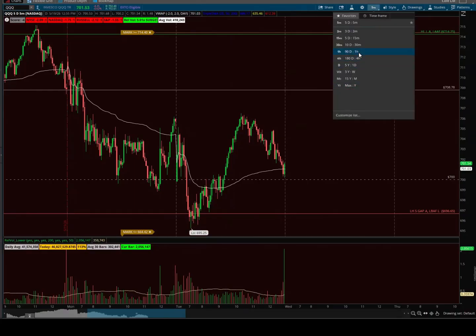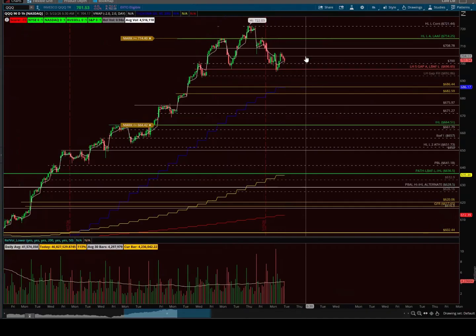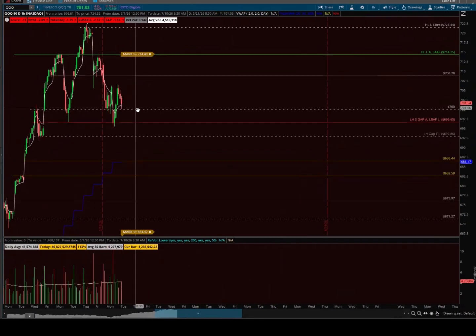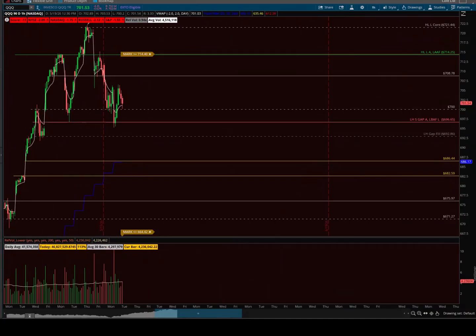Let's go back to the hourly. All right. So we've already got an obvious head and shoulders pattern here. Everybody and their mothers and their brothers sees it, right? So going forward, do we get this? Lower high, clear lower high below 696.65. Target gap top tomorrow if that happens.